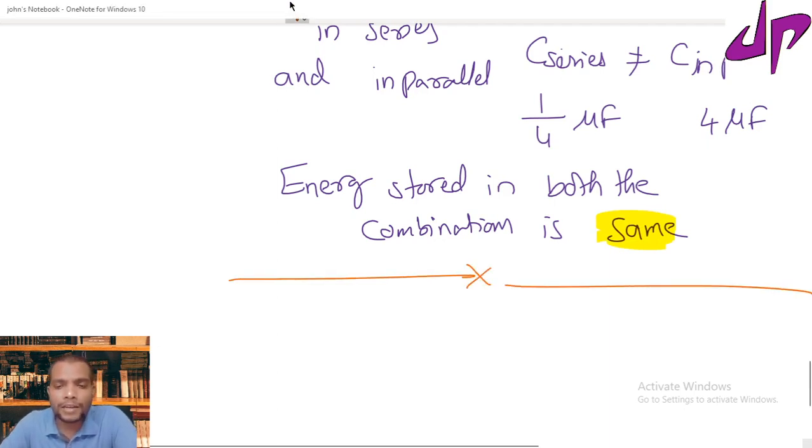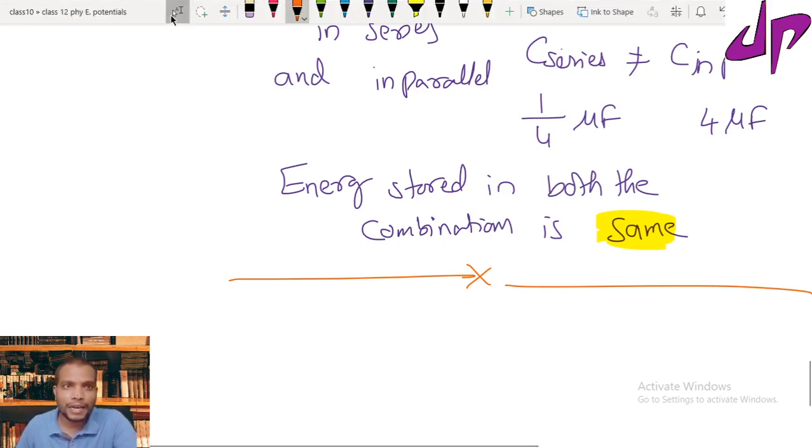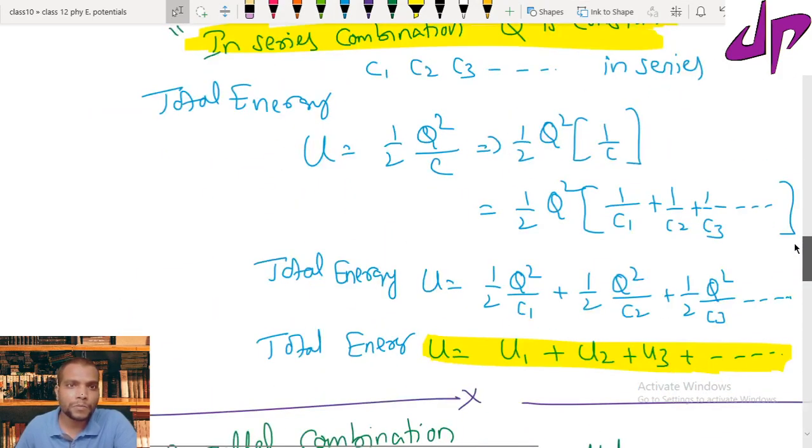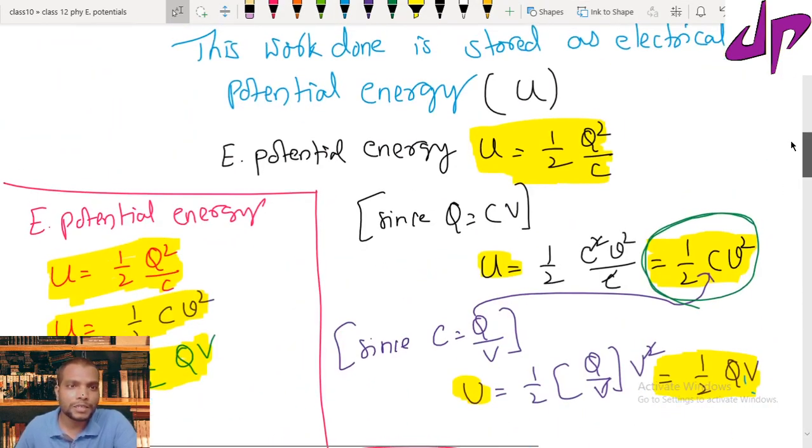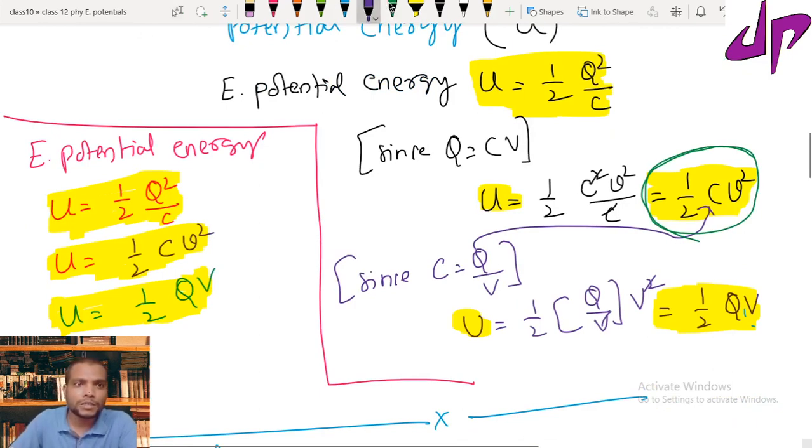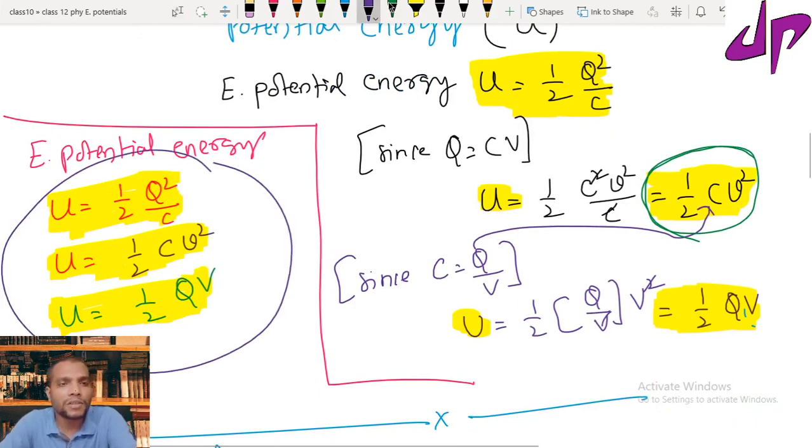So this is all about the energy stored in capacitors when the capacitors are connected in series or in parallel, and the expression for energy in terms of capacitance and potential. These are three important expressions, you can learn them carefully. The relation between capacitance, charge and potential energy: U equal to half Q square upon C. The relation between potential energy, capacitance and potential: U equal to half CV square.